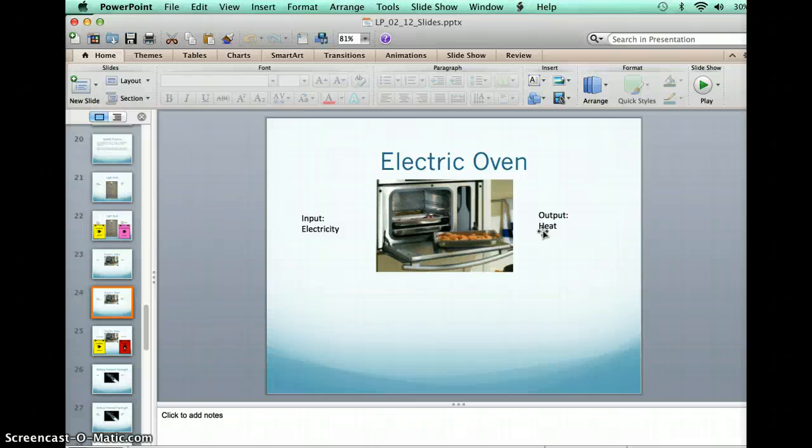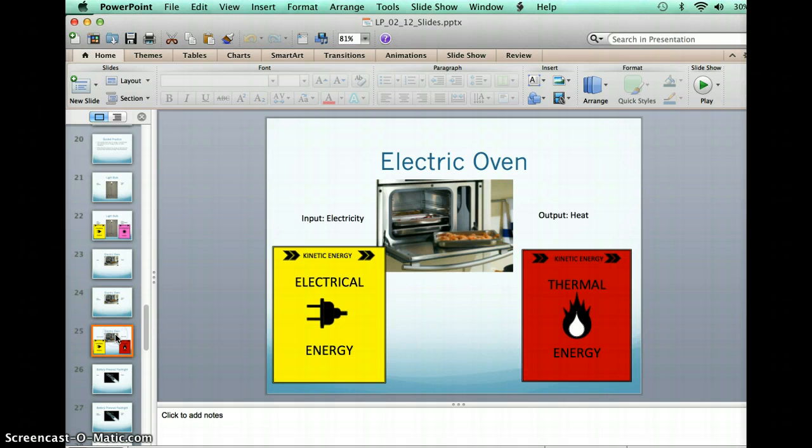Okay, take a few more seconds to decide the forms of energy that are going in and the form of energy that's coming out. Okay, so hopefully you had electrical energy as our input and thermal energy, heat, as our output, so thermal energy.